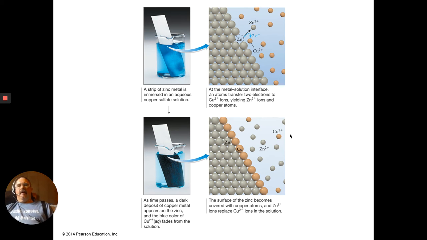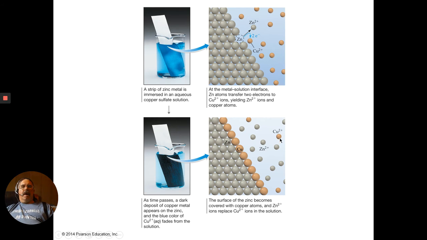Here we have a strip of zinc metal, which is immersed in a copper 2 sulfate solution. The copper 2 produces the blue color. Electrons are spontaneously transferred from the zinc atoms to the copper ions, and in the process the neutral zinc atoms become zinc plus 2 ions and they go into solution.